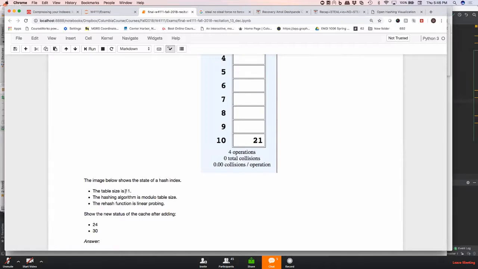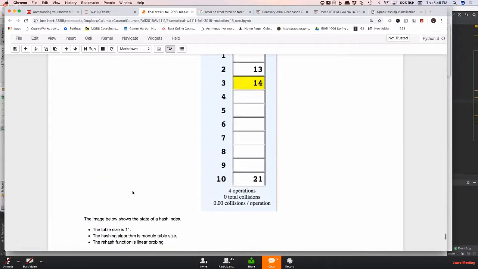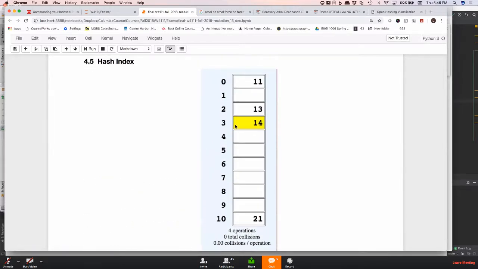Hash table sizes are almost always prime numbers. And the reason for that is, when keys come in, I want them to hash evenly over all the hash buckets. I want a key coming in to be equally probable to hash to any bucket.